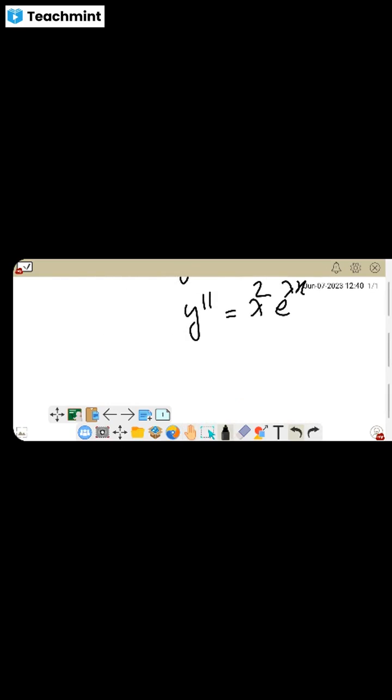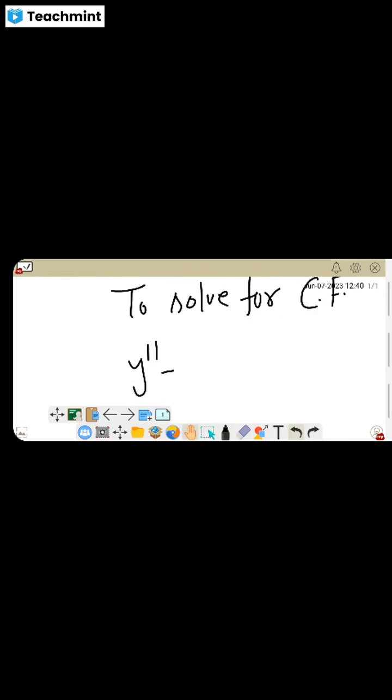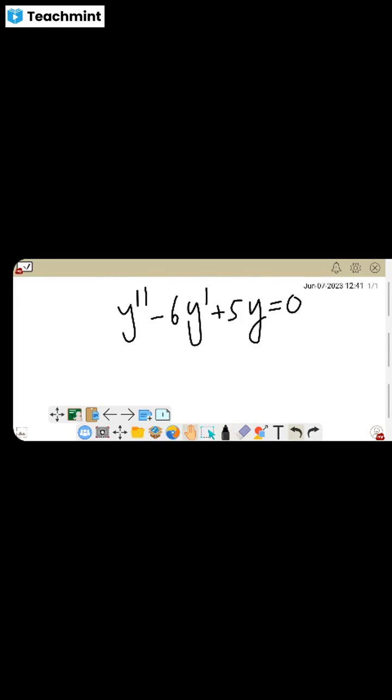To find CF, we use y double dash minus 6y dash plus 5y is equal to 0. This means that to find CF, you can take this equation as homogeneous. Then later we'll find the PI.